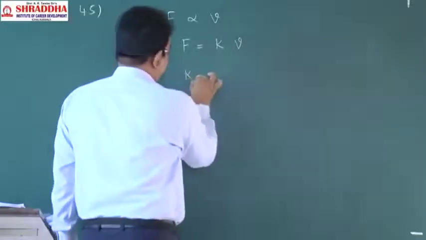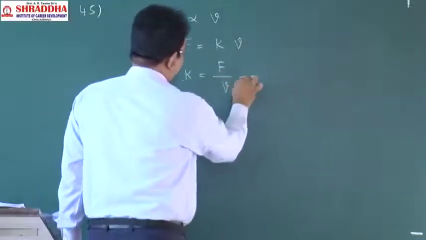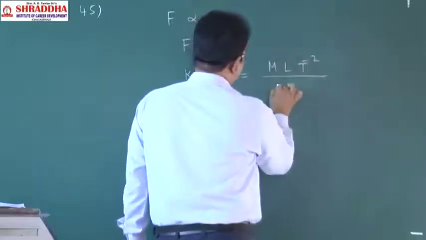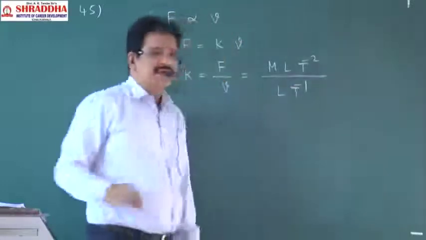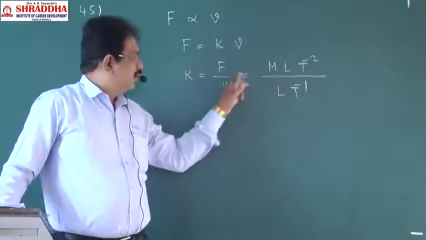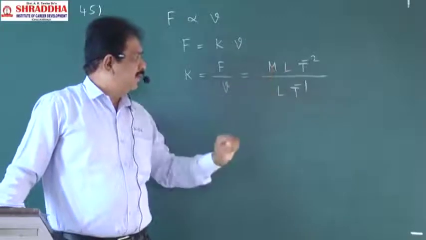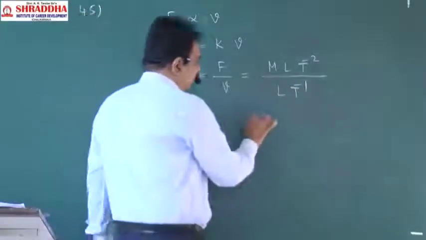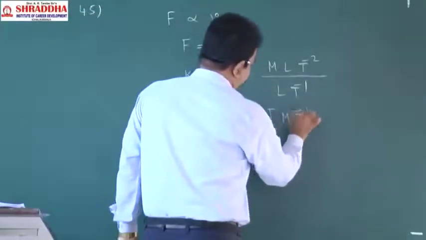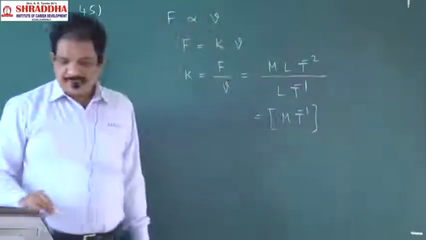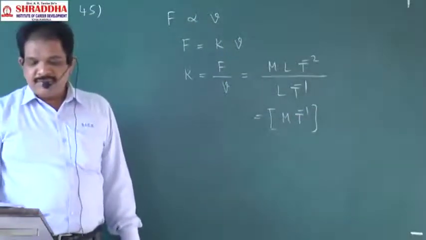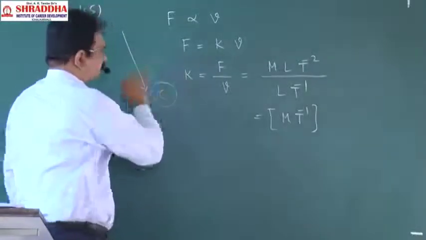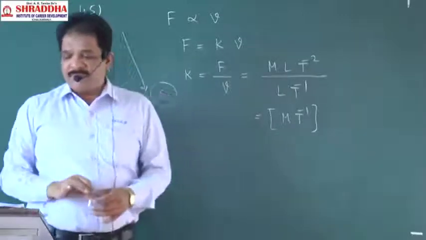Then K is equal to F by V. F is M L T power minus 2, V is L T power minus 1. So this value is M T power minus 1. So it will be C, third option, M T power minus 1.